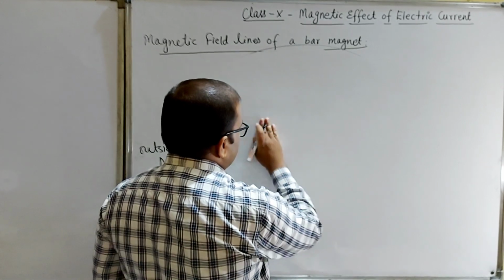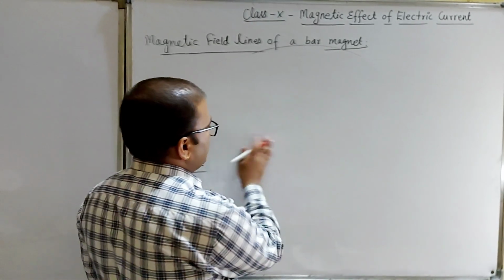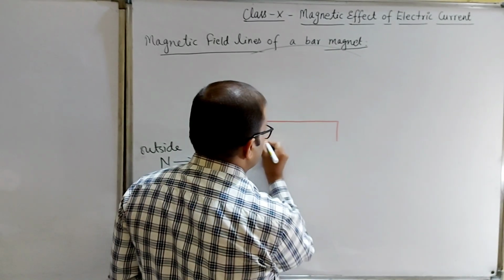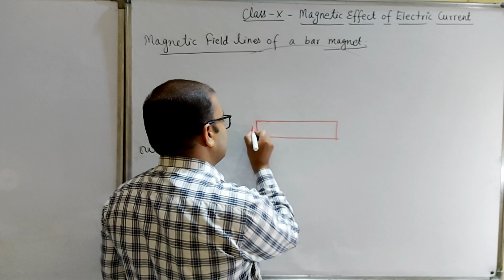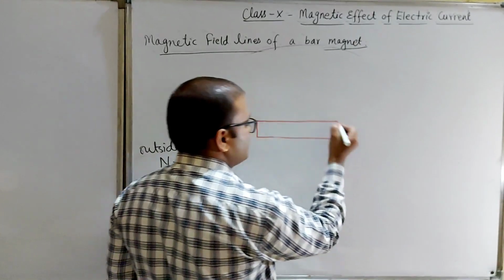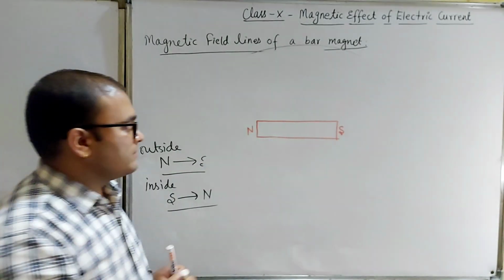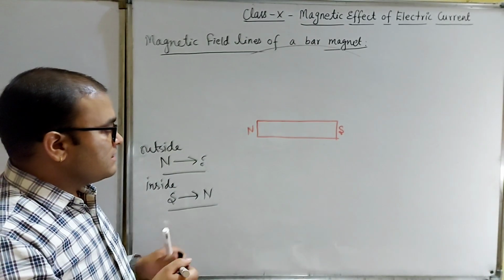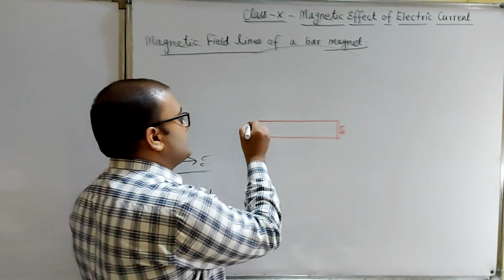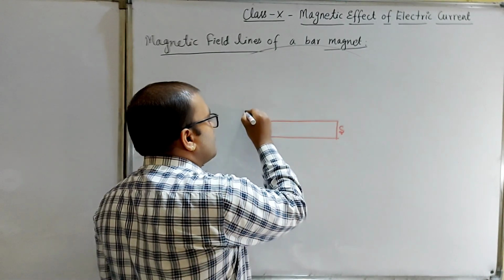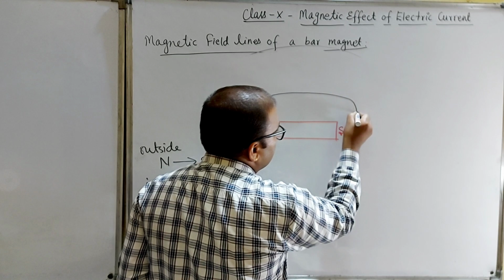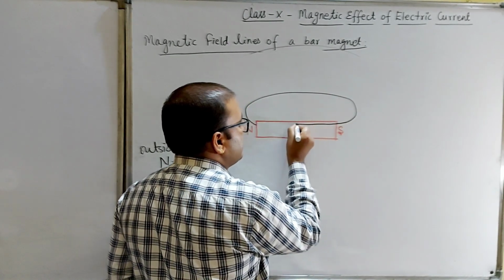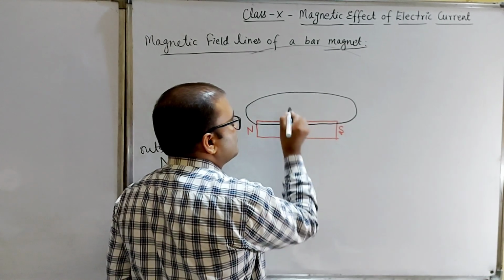Now what we have seen here, suppose this is a bar magnet. I am making a bar magnet here. This is the north pole of the bar magnet, and this one is the south pole of the bar magnet. So here we see that the magnetic field lines outside the bar magnet go from north pole to south pole, and inside the magnetic field line goes from south pole to north pole.